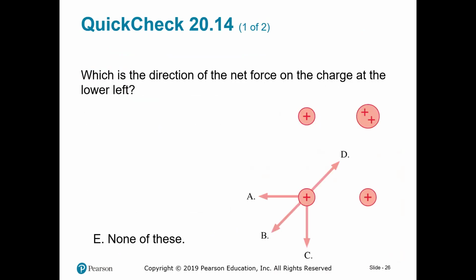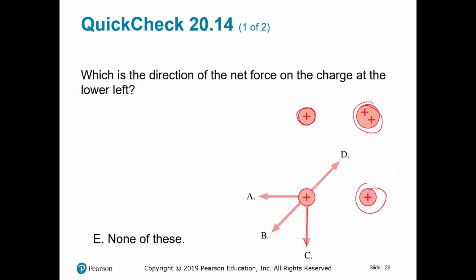And then, what is the direction of the net force on the charge at the lower left charge? Again, how many forces are acting on this proton this time? There are 3 forces acting on it, right? The first force is due to this proton, the second force is due to this proton, and the third force is due to this proton. So kindly draw all the pictures, right?